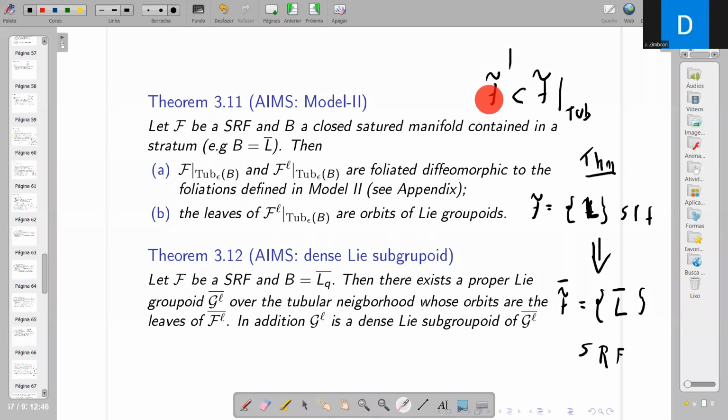We can do several things with Lie groups. And so there is a kind of source of generalized actions that is not the entire foliation, but it is inside. And this is roughly the idea.